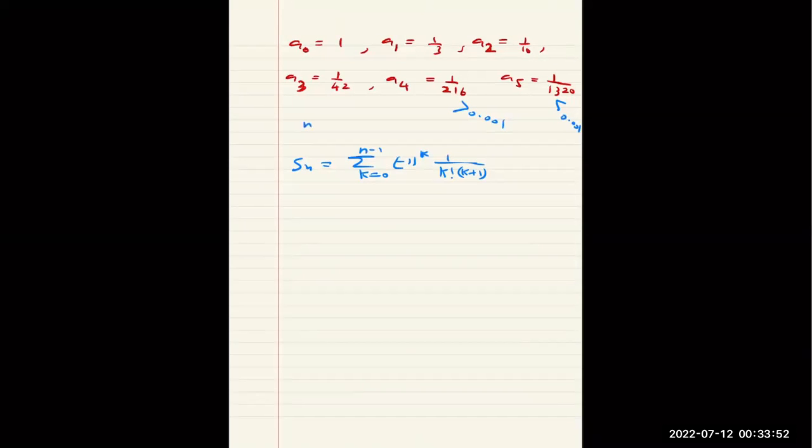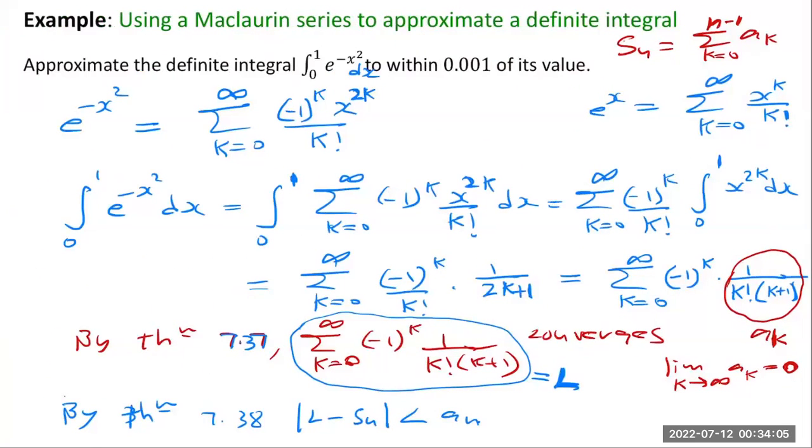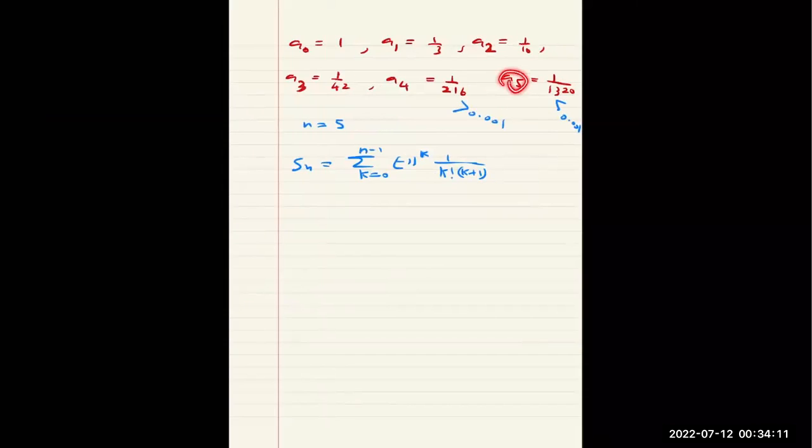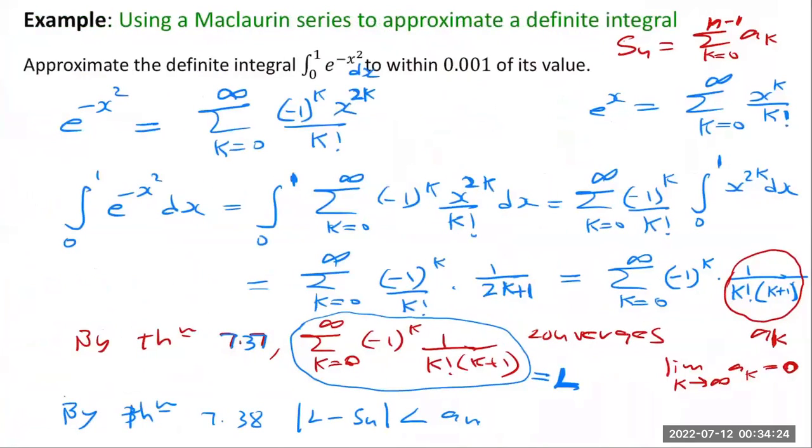You decide n in this case is n equal to 5, because that's when you realize that your a5 is less than 0.001. For that particular n, you have to take the partial sum. That partial sum is an approximation to L within An. So you take that partial sum with that n. Remember, when you take the partial sum, it is from k goes from 0 to n minus 1, because in the original series that you are dealing with, indexing starts at k equal to 0.